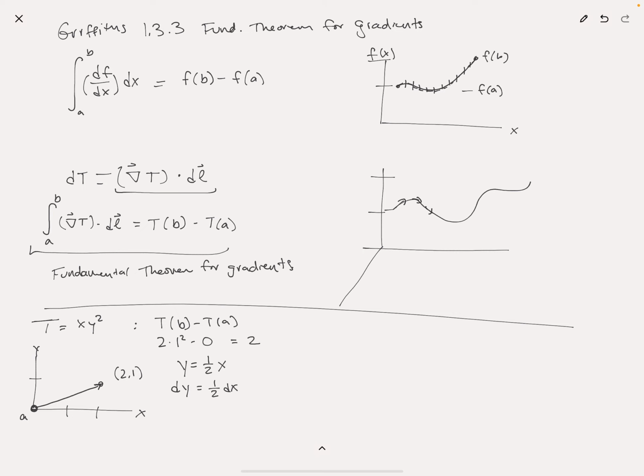So the gradient of x y squared is the partial with respect to x in the x-hat direction plus the partial with respect to y in the y-hat direction, plus the z, but that doesn't exist in this example.